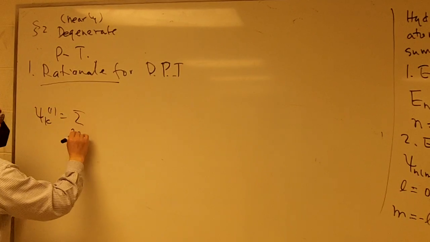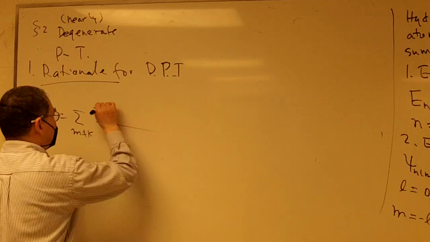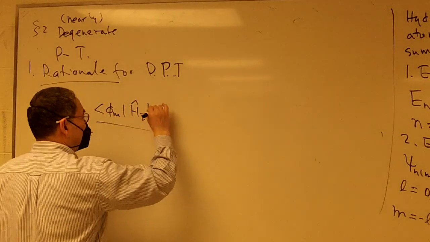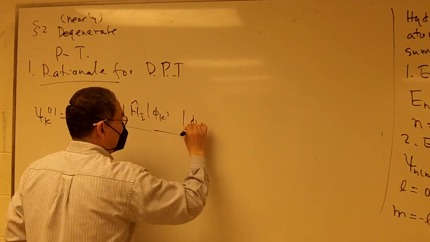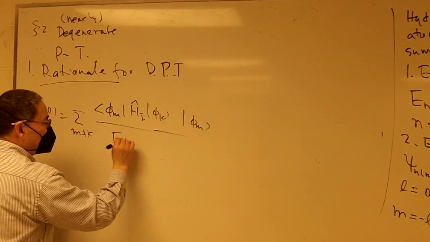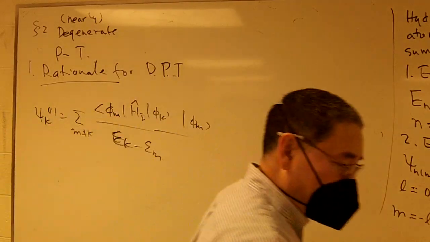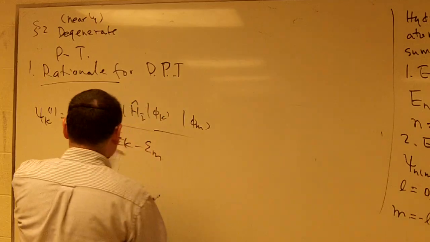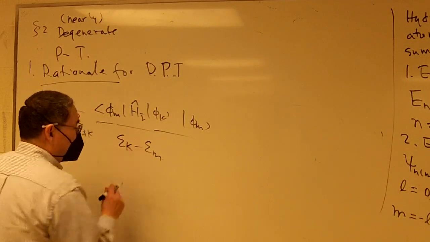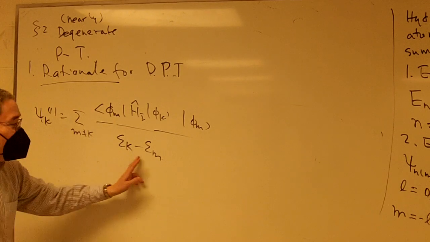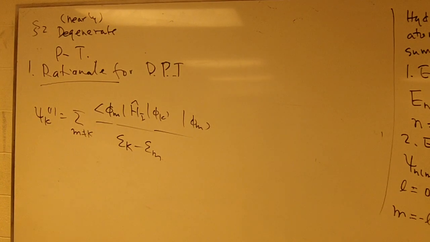You see, the first order wave function has this particular shape. Now, normally, if k not equals m, you are fine. You have no problem. But when they start to become degenerate, there is a problem.